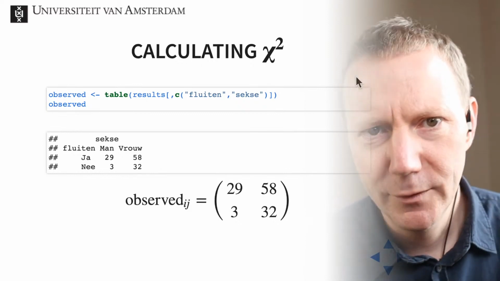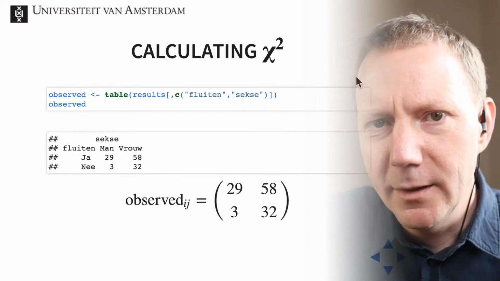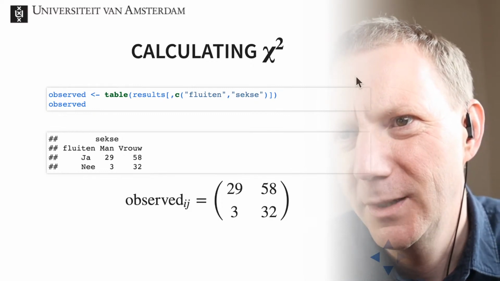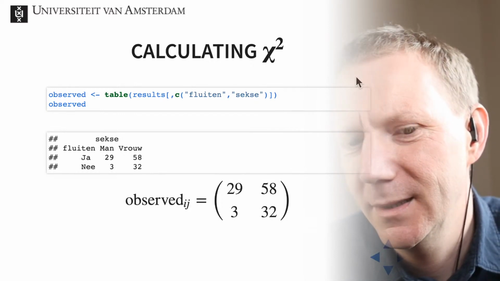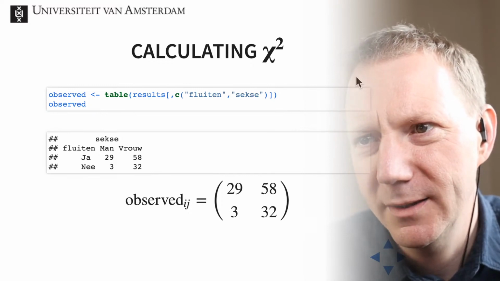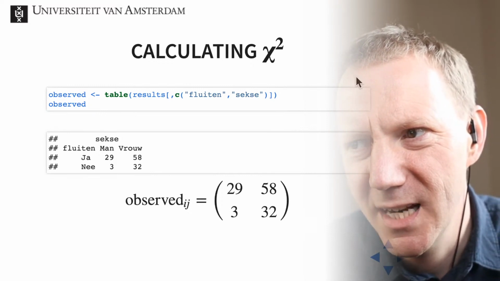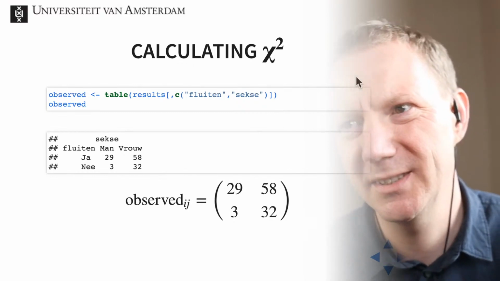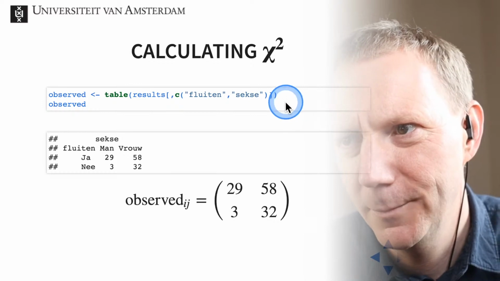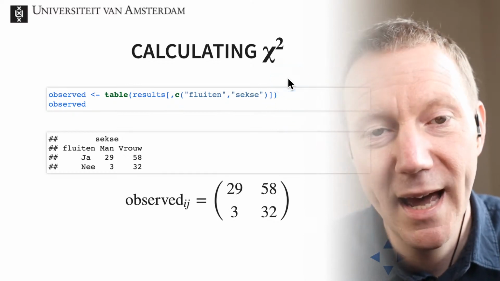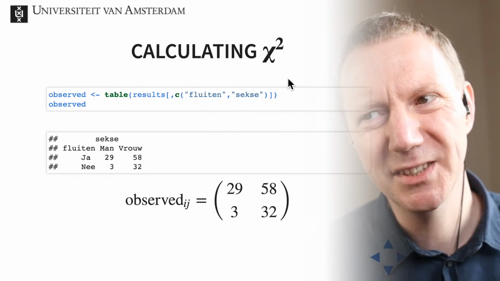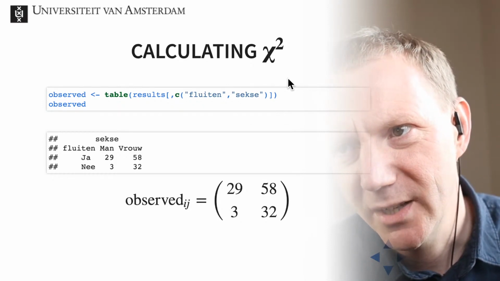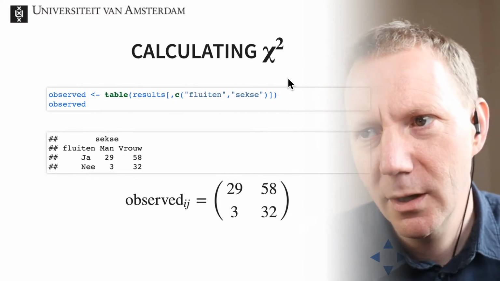So we're going to calculate first the chi-squared test, and I've bothered you a bit with the matrix notation, but well, it's not that hard. It's just putting things in a table and stating that it's a matrix in essence. So the main hypothesis here is: is there a relation between gender and being able to whistle or not?